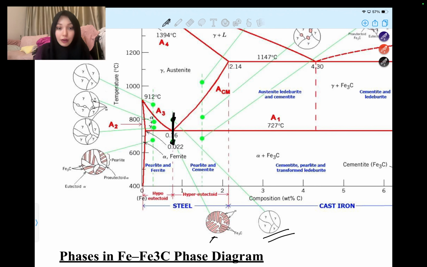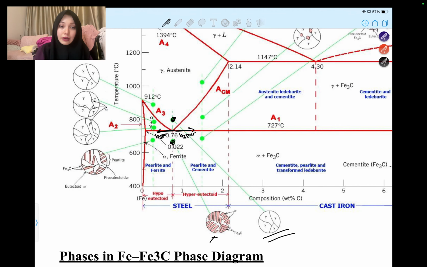But we have hypoeutectoid structure and hypereutectoid structure. Hypoeutectoid is what is before. Here we have 0.76 carbon composition, right? So before that, we would say hypo, and what we have after, we would call hyper.